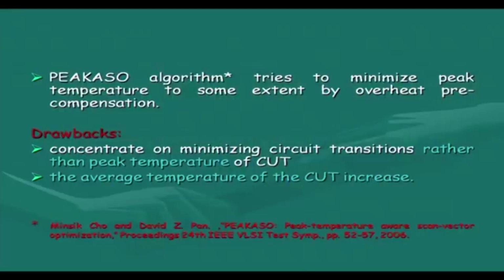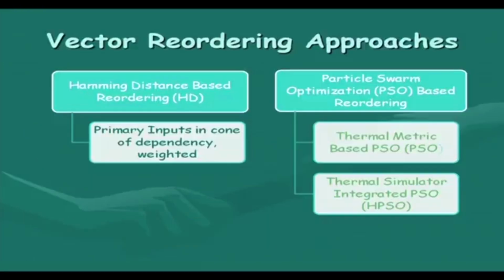It is difficult to tell that way. So they actually concentrate on minimizing circuit transitions rather than the peak temperature of the circuit. Naturally, they cannot reduce the temperature directly. They try to reduce circuit transitions, and the average temperature of the circuit may increase.